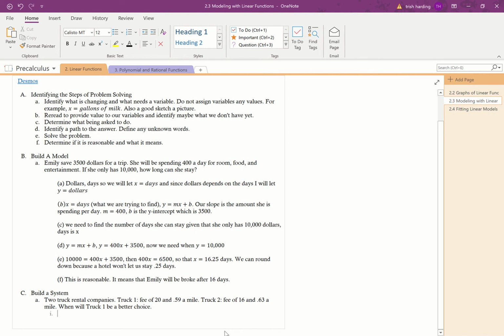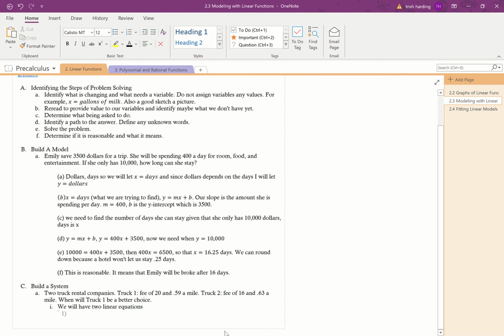So the first thing we're going to do is we've read the problem, what needs variables. So it looks like we're going to be building a linear system here. So we're going to have 2 linear equations. So slope 1 will go with truck 1.